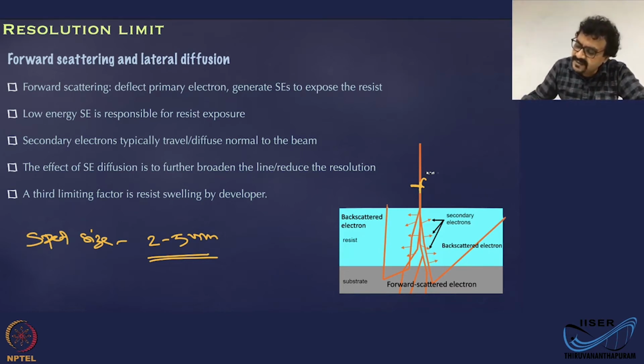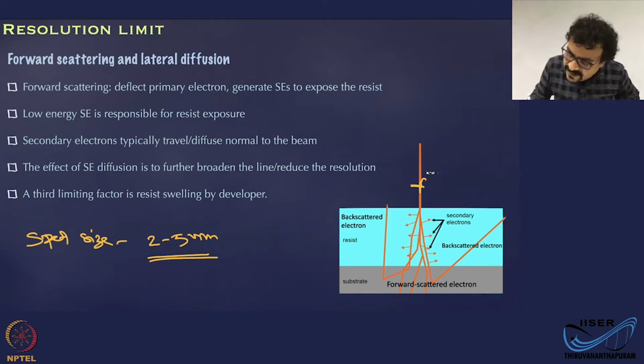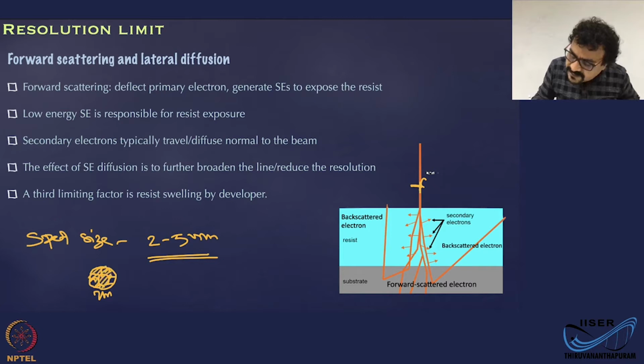So rather than just causing the chemical change at the spot size, the diffusion of these secondary electrons will have an effect of widening the feature size. So if the beam size is say 2 nanometer, but the secondary electron propagates laterally a few more nanometers, the effective area of the resist which is getting affected will be maybe another few nanometers.